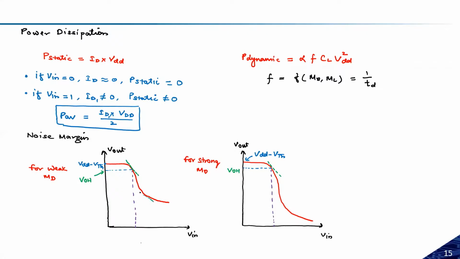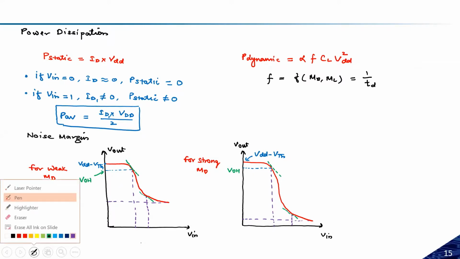Let me draw the other -1 point, and here is the -1 point. And here is one crossing point. We have one crossing point over here, and the minimum value which we can have will be here, and the minimum value will be here. Just let me know which one is the VIL, VIH, VOH, and so on.